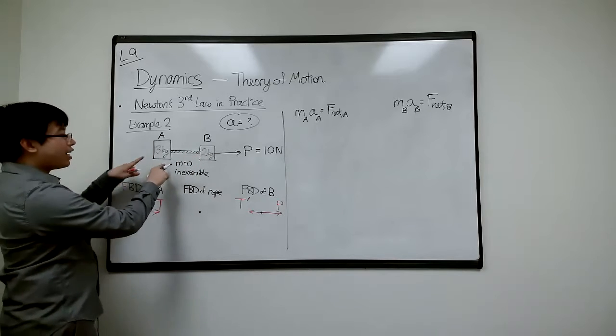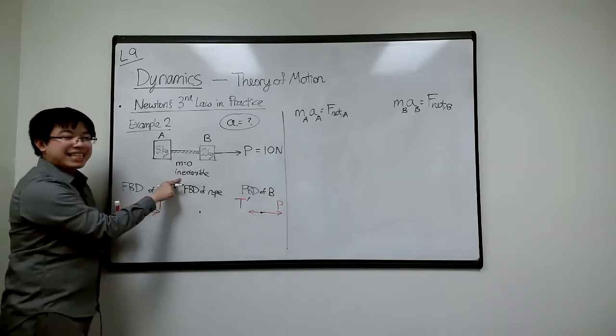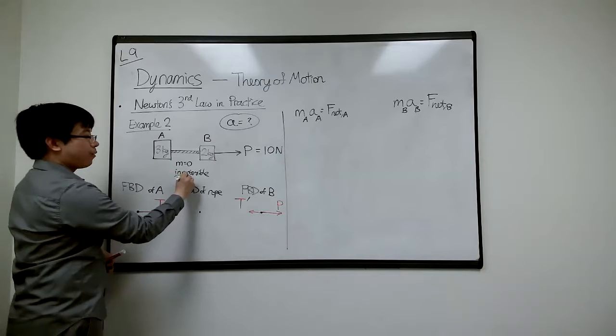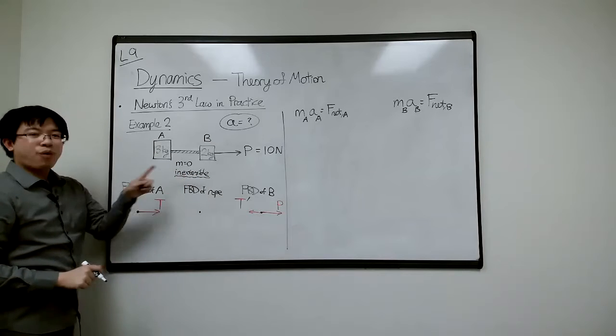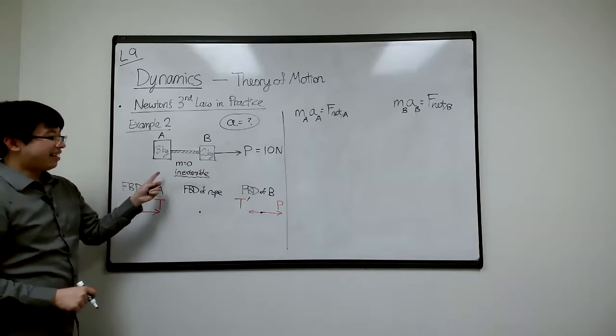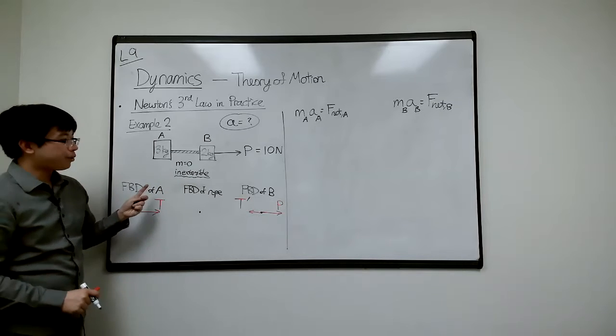And if it's slower, that means B is accelerating faster, but then the rope has to extend, but it's inextensible. So the fact that this is inextensible is important. That's why it is usually included in any problems. If they don't even write it explicitly, you can assume this is the case for almost all of 3A.